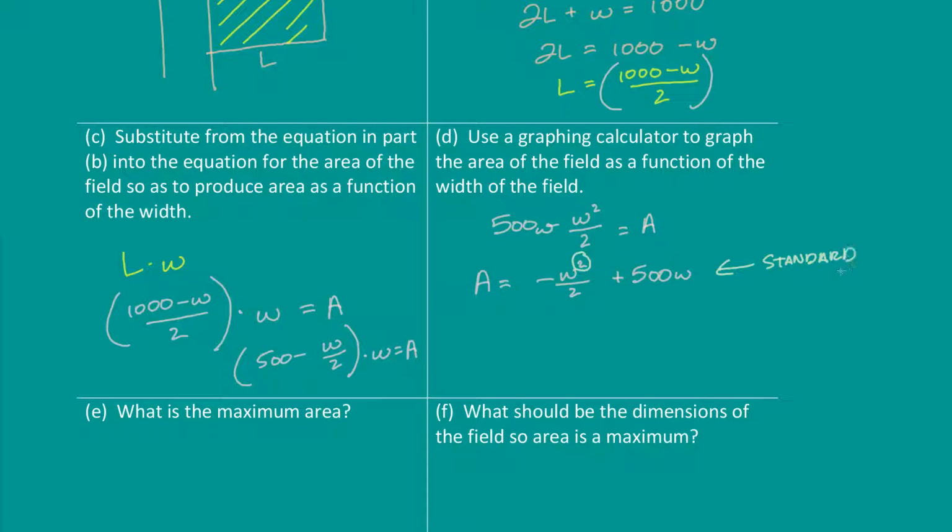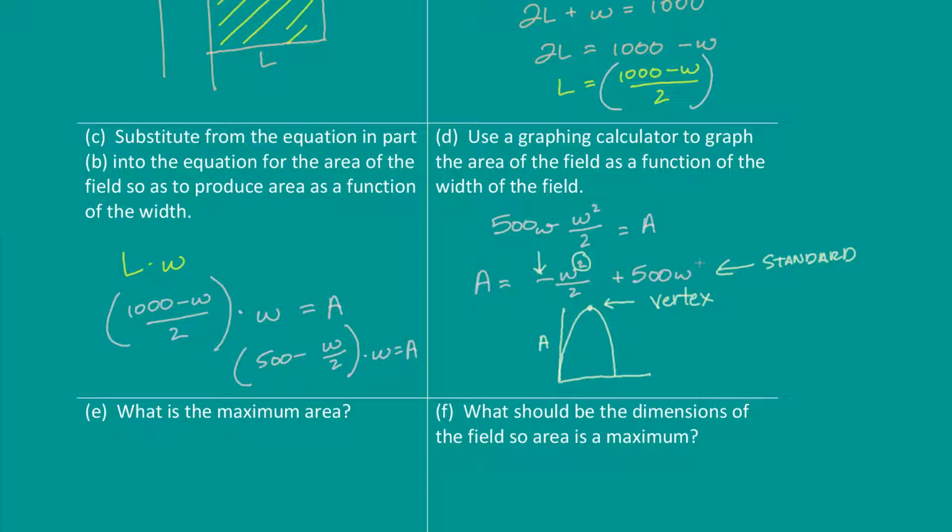So if I looked at this on a chart, if I was plotting out area in terms of W, area being my substitute for my y-axis, we know this is a quadratic, and quadratics have the form of a parabola, and this is a negative, so that means that the parabola is going to be opening down. We're going to have something like this. So what am I looking for? I'm looking for maximum area. How do I find the maximum area? That has a very specific identifiable point on a parabola, and that's the vertex. So we're going to be looking for the vertex here.